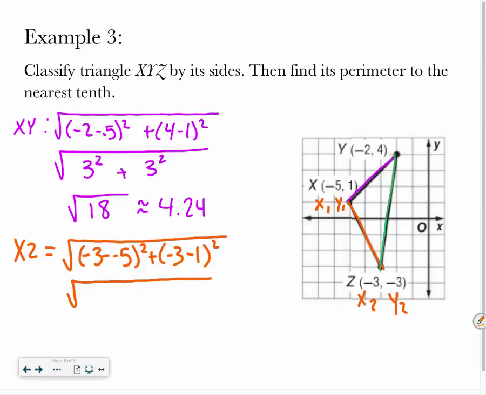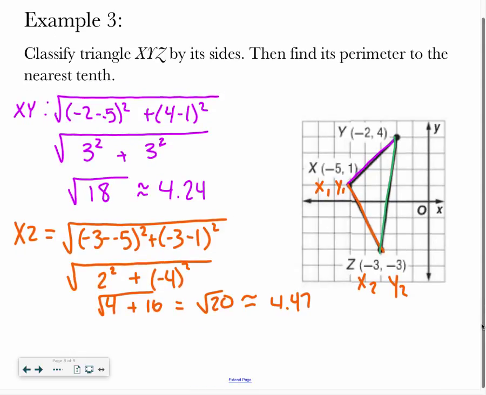So I have the square root of negative 3 minus a negative 5 becomes negative 3 plus 5, or 2 squared, plus negative 3 minus 1 is negative 4, and negative 4 squared. So we have 2 squared, that gives me 4, plus 16. So that's the square root of 20, which is approximately 4.47 if I plug it into my calculator.